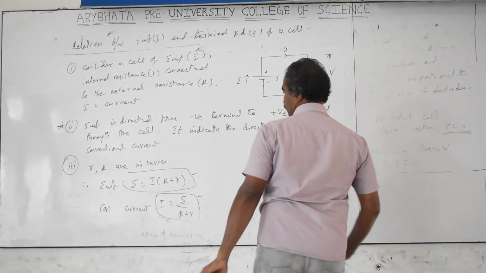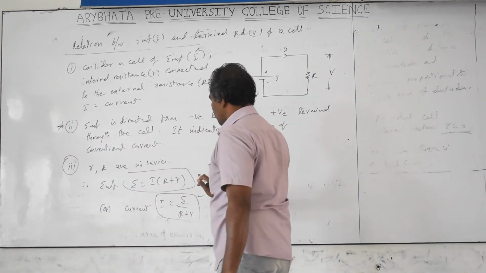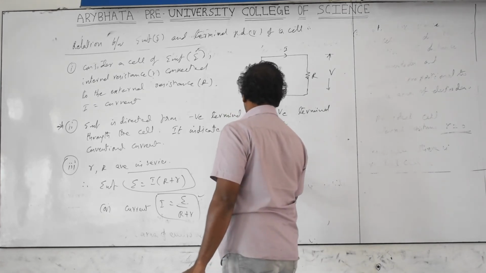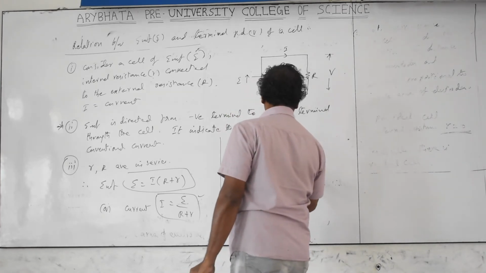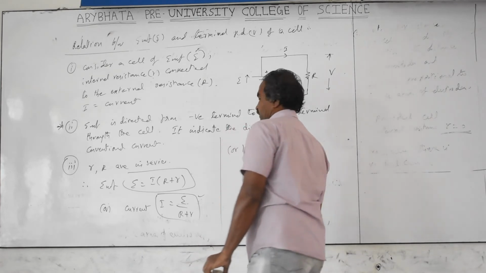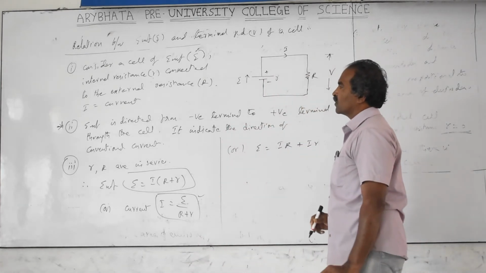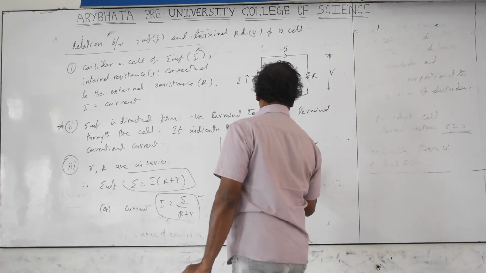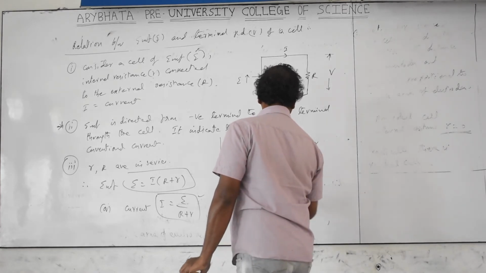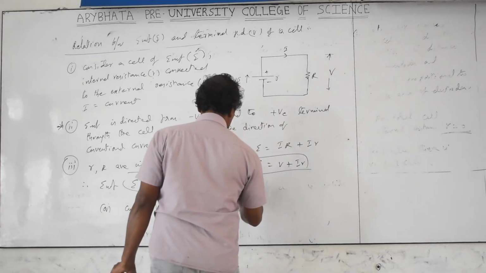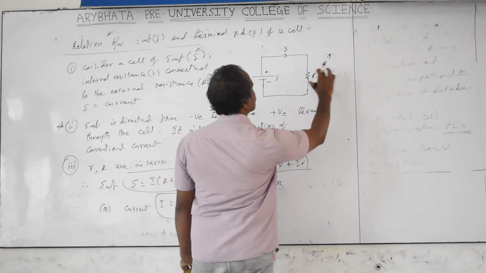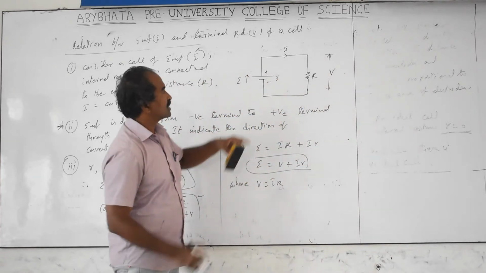Next, I can expand this further. From equation 1, EMF E is equal to IR plus I into small r. This I into R is nothing but equal to V. E equals V plus Ir, where V equals IR. V equals IR is the voltage across the external resistance. It is also the voltage across the battery cell.